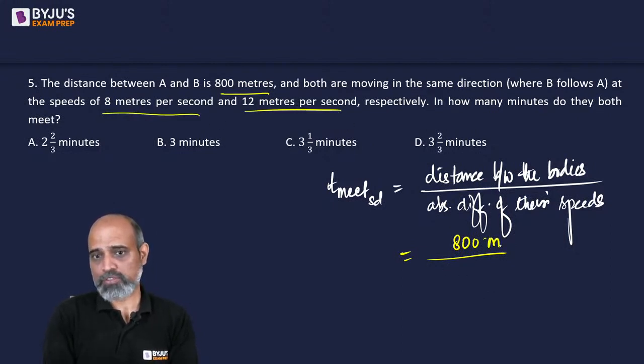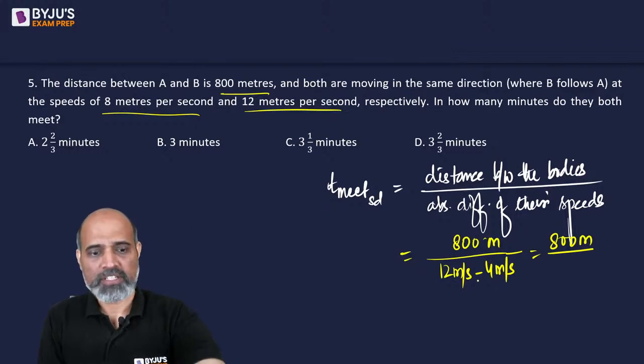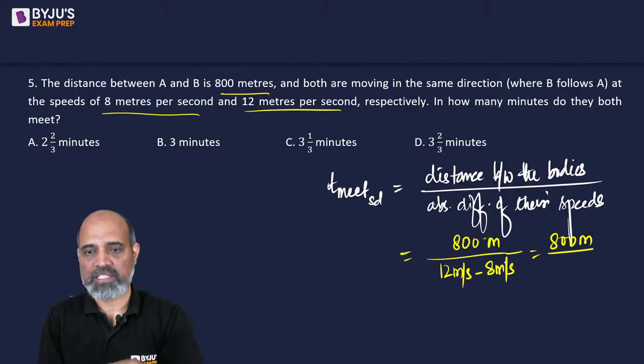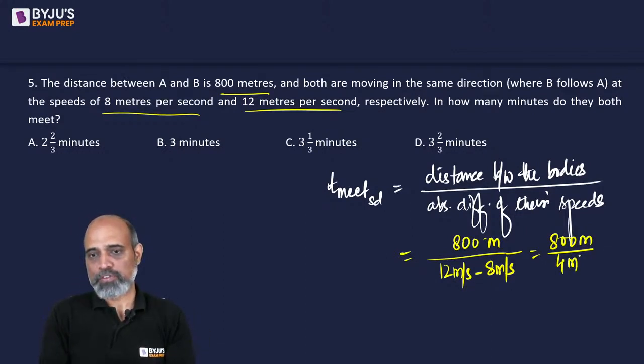If I want this to be an absolute difference, I'll take the larger value and then subtract the smaller value from it. So this is going to give me 800 meters by, sorry, this is not 4, देखो अभी फिर mistake हो जाता, this is 8. And this is going to give us 4 meters per second.